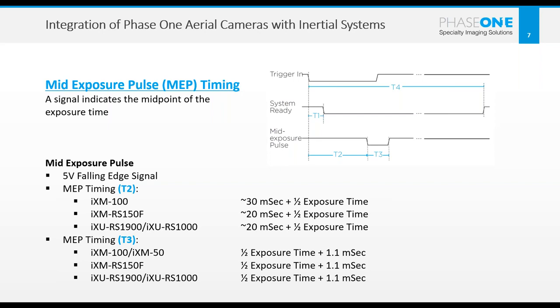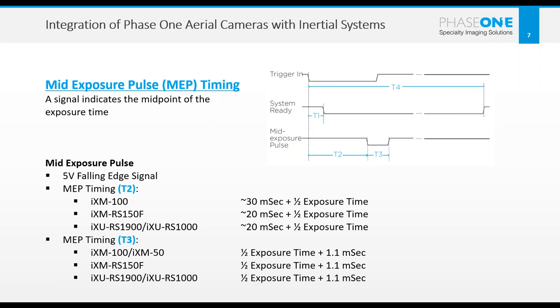So the mid-exposure pulse timing, which is the second half of the aperture of the shutter, will be approximately half of the exposure times plus 1.1 milliseconds.